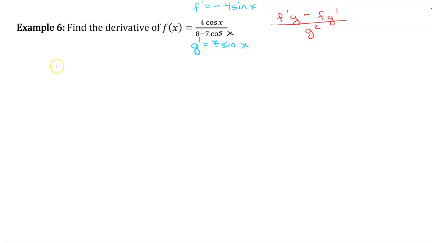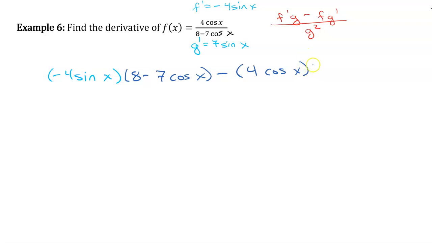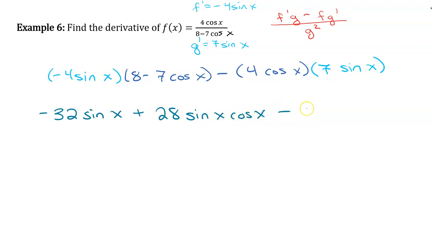So let's put this in. So we got negative 4 sine x times g, 8 minus 7 cosine x, minus f g prime. Okay, let's simplify this as much as we can anyway. There's not much here, but we can still do a little bit. So we got negative 32 sine x plus 28 sine x cosine x minus 28 sine x cosine x.